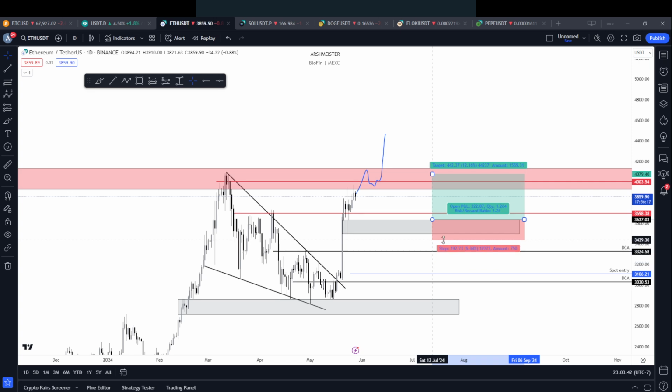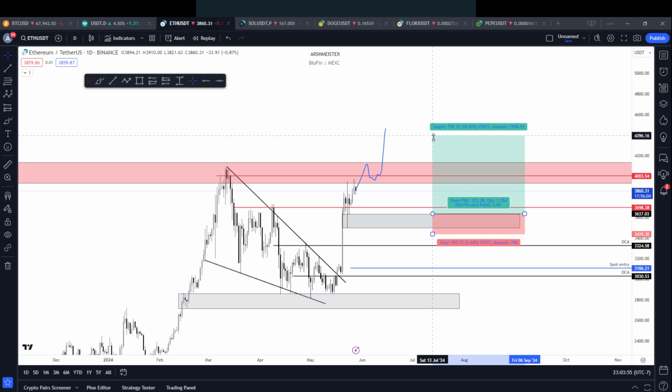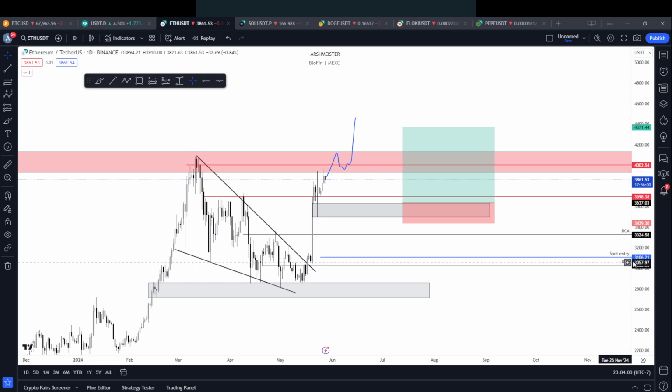Now I'm trading this on spot. If you're gonna take it on leverage, figure out your own stop loss, but entry around 3640 down to 3500, and then targeting 4000 to 4300. Okay, we are already long from 3100-ish.